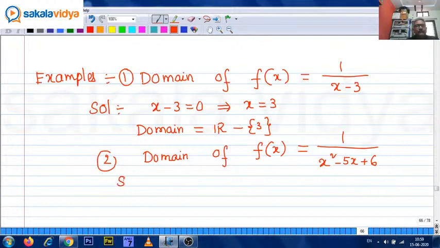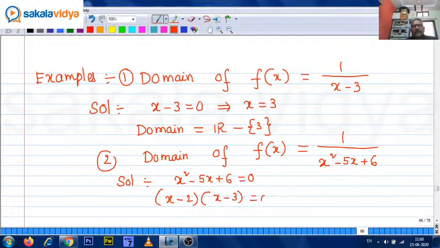Solution. x square minus 5x plus 6 cannot equal 0, so set it equal to 0. We get x minus 2 into x minus 3 as factors. So that means x is equal to 2 or 3.